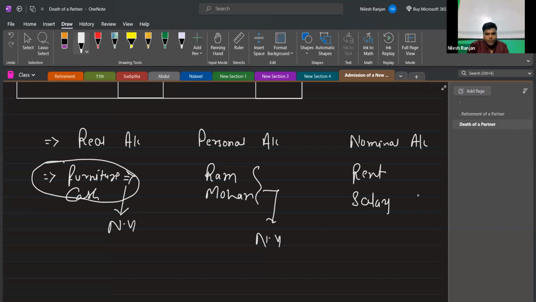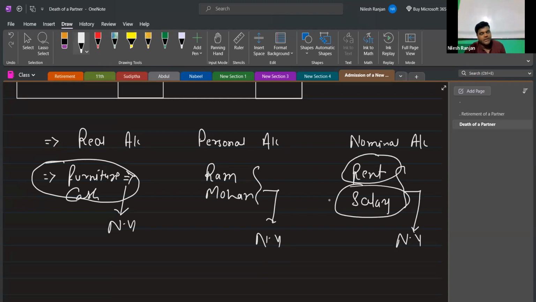But rent, salary cannot be taken to next year because it is not paid for next year. If you pay the amount of rent or salary for the month of December, you cannot carry it forward to January. It is related to December, so it cannot be carried forward.